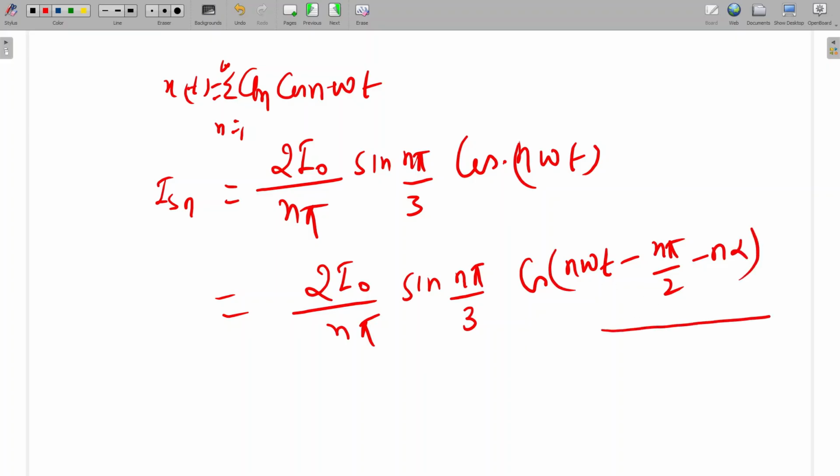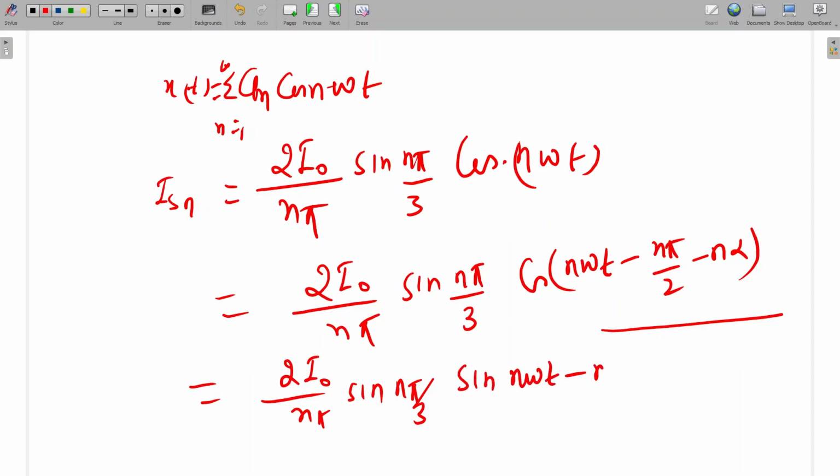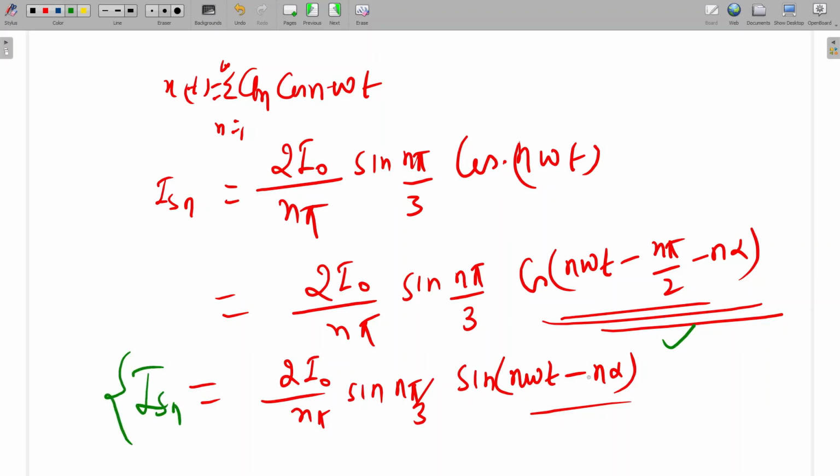Is it clear? Yes, sir. Okay. So this will be 2 I naught upon n pi sin n pi by 3, and here it will be sin of n omega t minus n alpha. This you can verify, because the pi by 2 factor is there, cos will become sin. Is it clear? So this will be the final Fourier waveform.